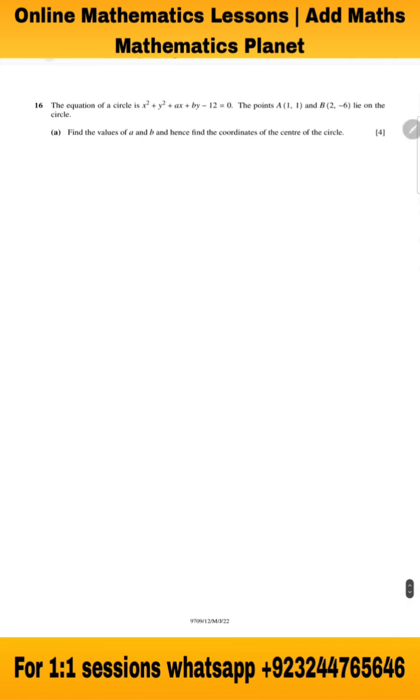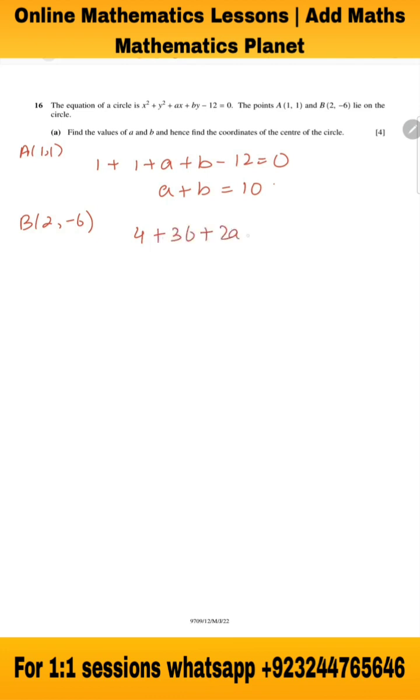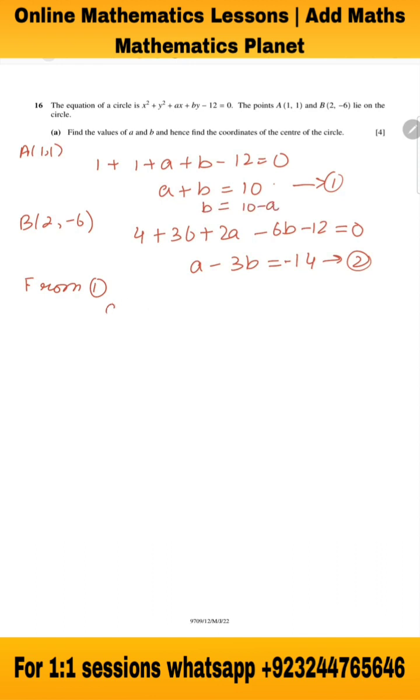So if these points lie on the circle, we can put them in the equation of the circle. From 1 we will get that B is equal to 10 minus A, so we can put minus 3.